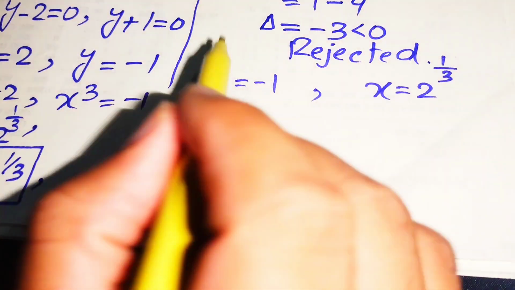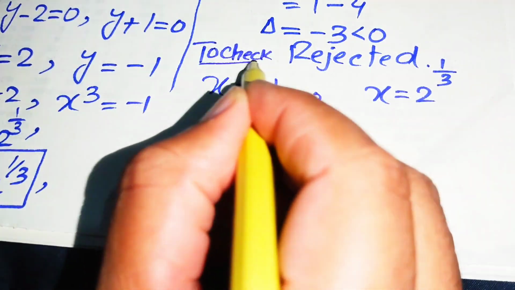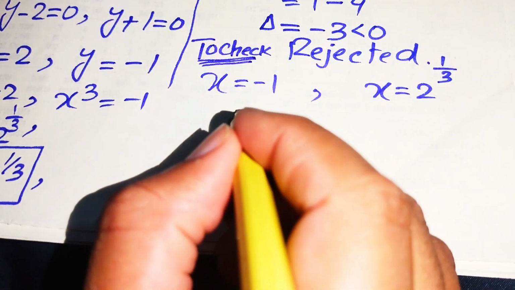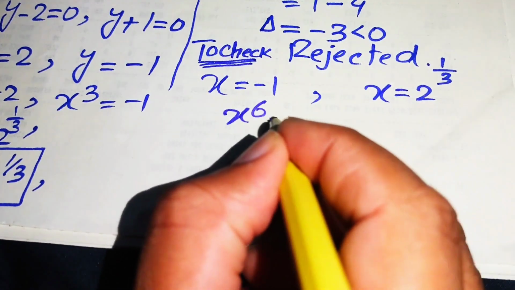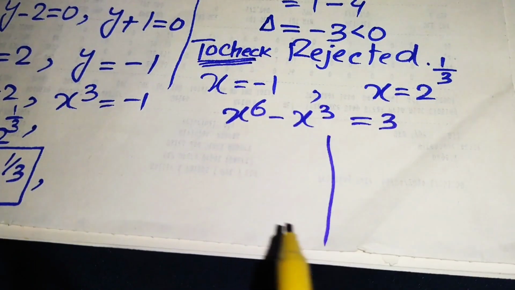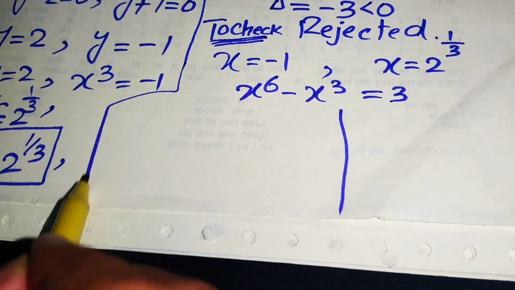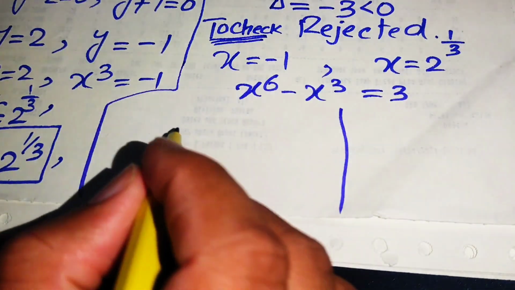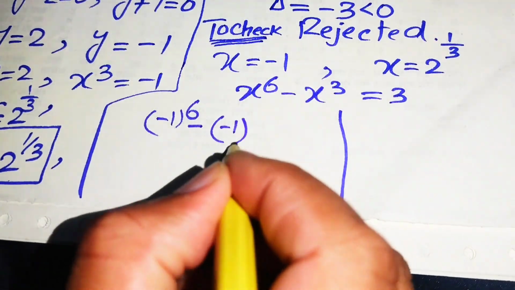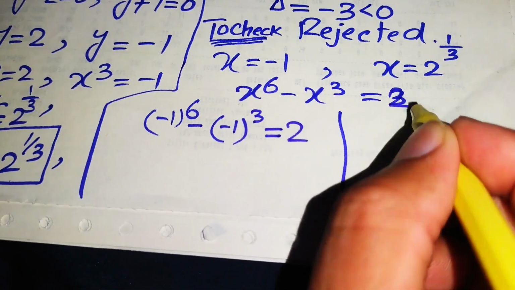And now we check whether these two roots satisfy our given question statement or not. So here we copy down our question statement. It is x to the power of 6 minus x cubed equals 2. So first we check x equals minus 1, and we substitute x equals minus 1, and we get (minus 1) to the power of 6 minus (minus 1) to the power of 3 equals 2.